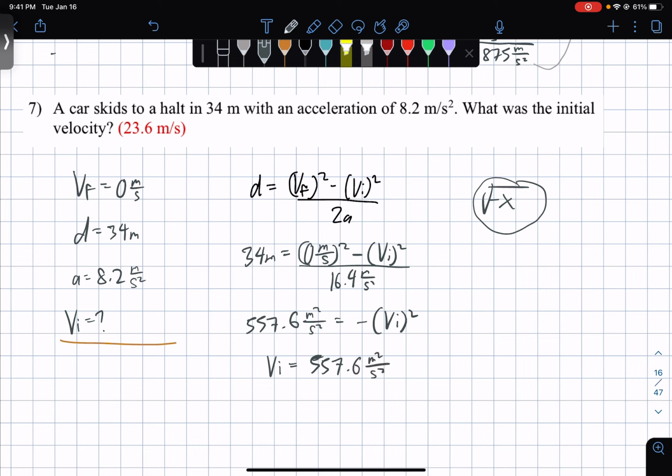We all know that the squared in the units can be liberated in a way that in the end we're gonna have meters per second. And if you look for the square root of 557.6, you get 23.6. Exactly the same as what we have as an answer before we even solved it.